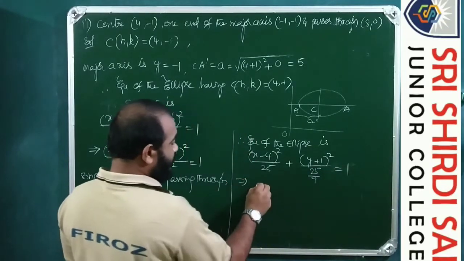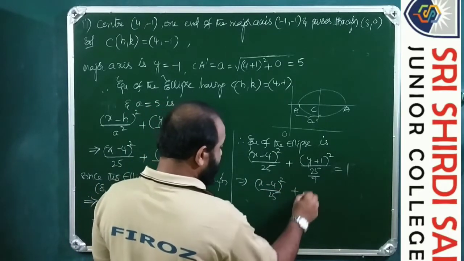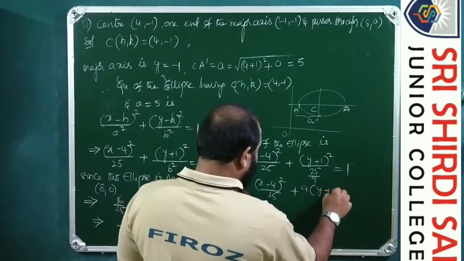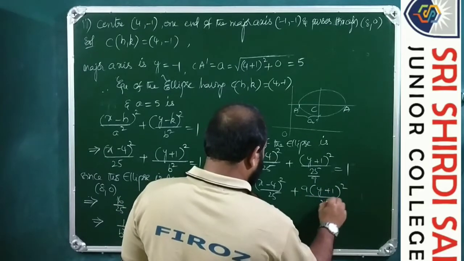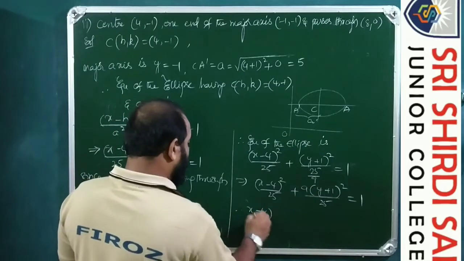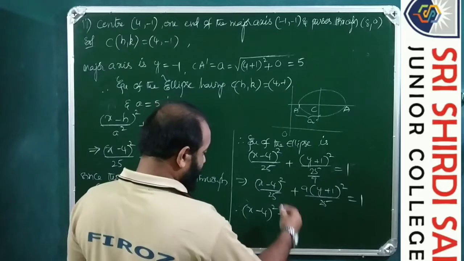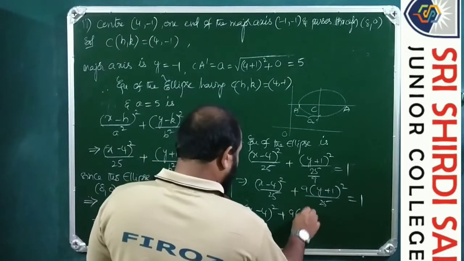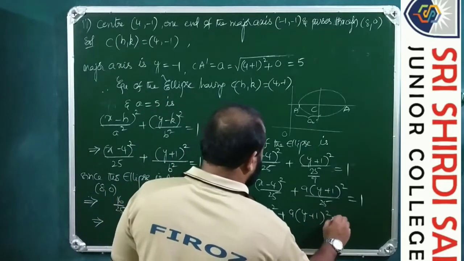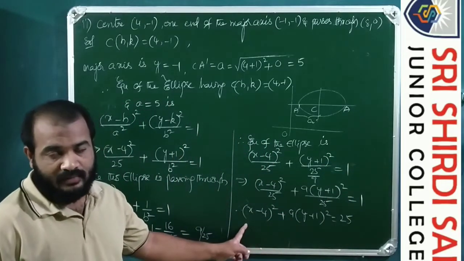This is (x minus 4) whole square by 25 plus 9 into (y plus 1) whole square by 25 equals 1. Therefore, (x minus 4) whole square plus 9 into (y plus 1) whole square equals 25 is the equation of the required ellipse.